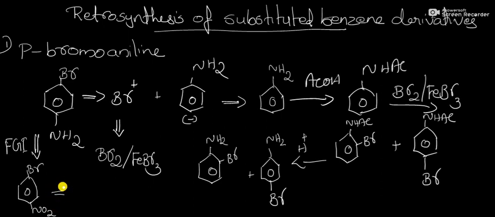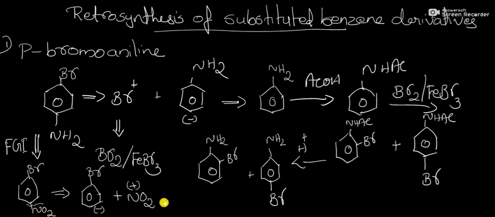Then it can be disconnected into two synthons like this, aryl cation and NO2 plus. These two are synthons by the heterolysis of this bond.